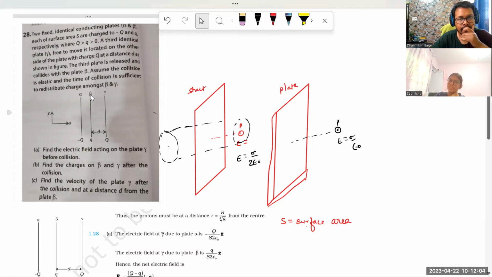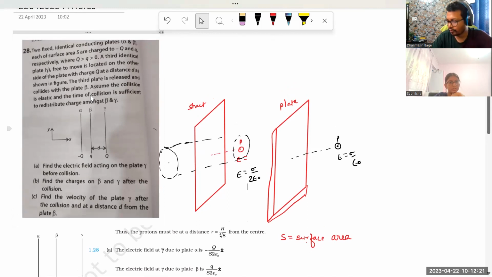But in the question they've given plate, but then the formula they've used is the formula for sheet. Yes, that's the problem. That's the terminology difference. So when should we use which formula? Yeah, that's the confusion. They should not be using this kind of terms.